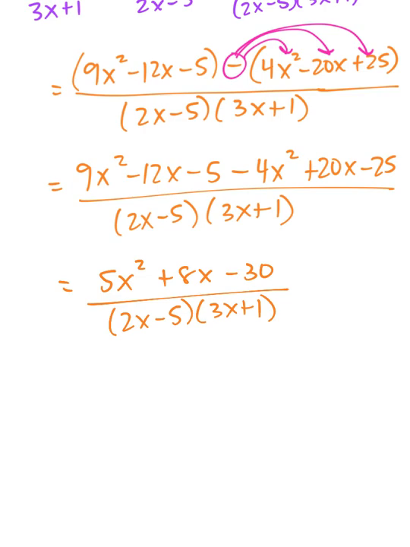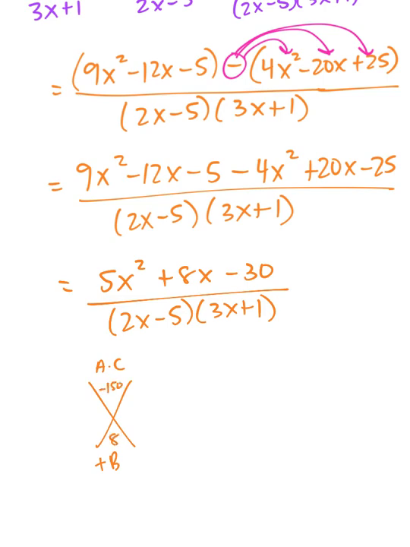And now we could try to factor the numerator, see if it works using bottoms up. So we would have a times c on the top plus b on the bottom. 5 times negative 30 gives me negative 150.